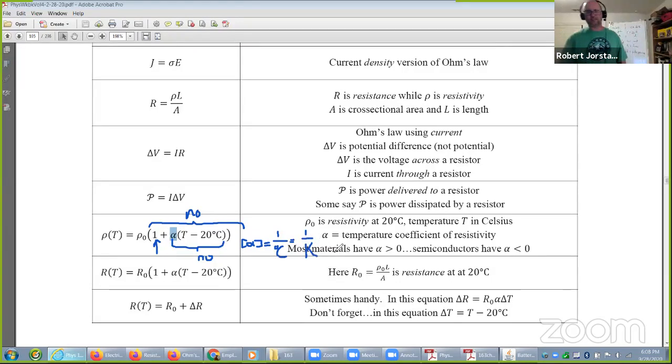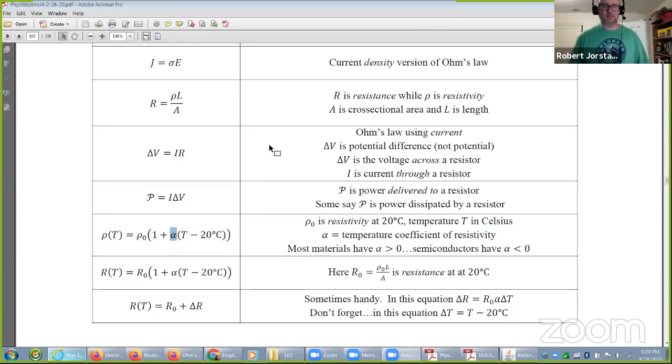That's the subject of 162. If you did this already in 162, you know that degrees Celsius and kelvins are the same increment size, so it doesn't matter. But this temperature here is going to be in Celsius. So we're not going to use Fahrenheit. Not Rankines either.